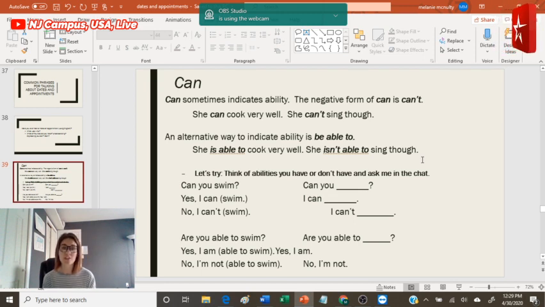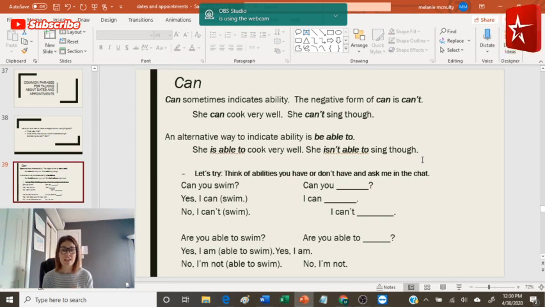This is another way. So we can say can or able to. She can cook very well. She is able to cook very well. She can't sing though. She isn't able to sing though. So they mean the same thing.